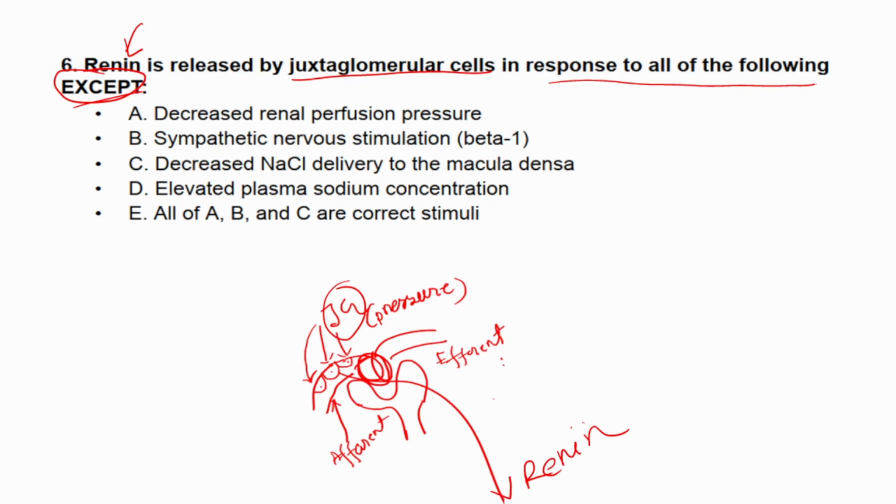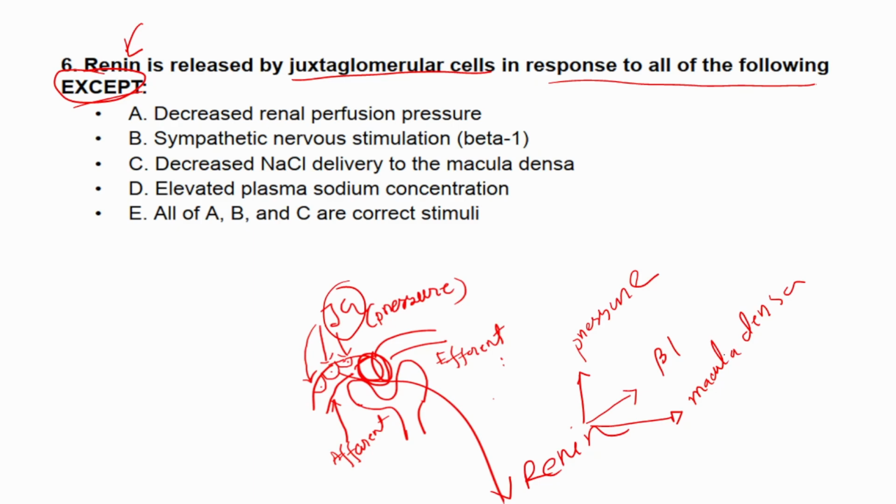First is the drop in renal perfusion pressure, which acts as a direct intrarenal baroreceptor stimulus. Second, increased renal sympathetic nerve activity directly activates beta-1 adrenergic receptors on the juxtaglomerular cells. Third, a decrease in sodium chloride delivery to the macula densa, signaling a low glomerular filtration rate, triggers chemical mediators to stimulate these cells.